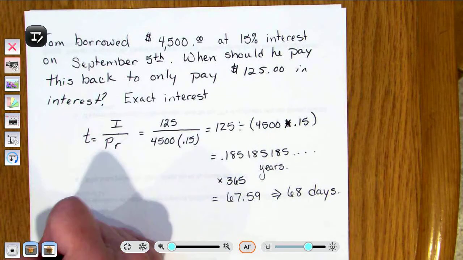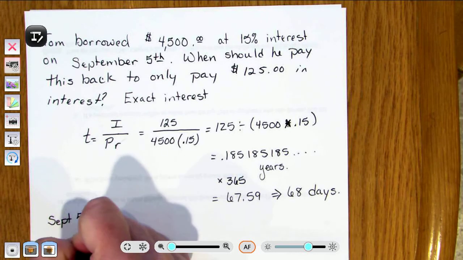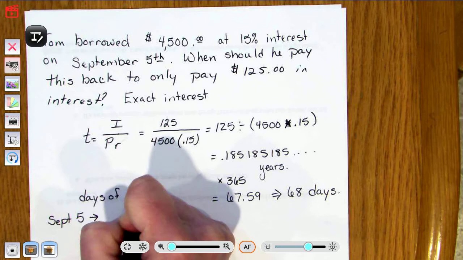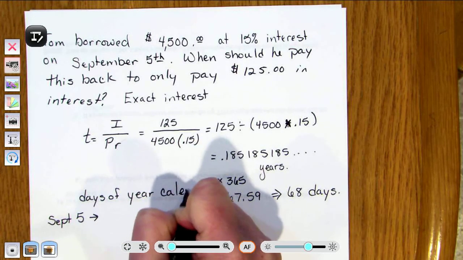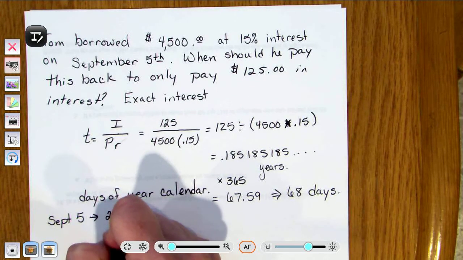So again, we're going to drag out our old friend, that days of the year calendar. All right, so September 5th. September 5th is 248.